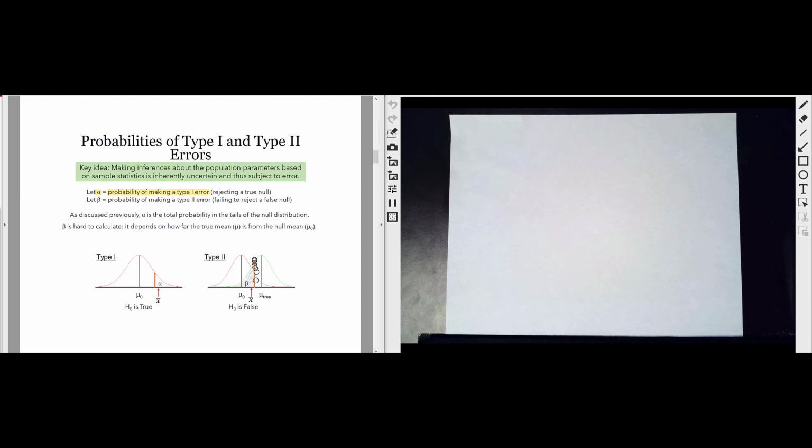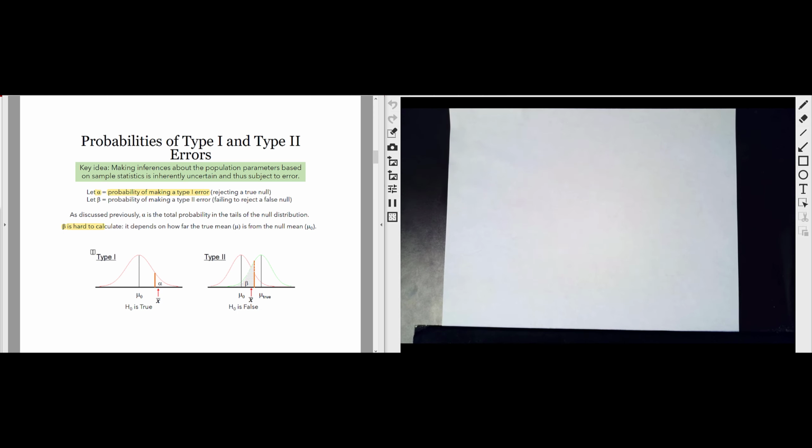We draw our critical value based on the assumption that the null hypothesis is true. And if we fail to get a sample that is above that critical value, then we accept the null hypothesis, and the probability of erroneously accepting a false null hypothesis is defined by this area beta, which we have no way to compute. Okay, so beta is hard to calculate. Yeah, beta is generally pretty much impossible to calculate.